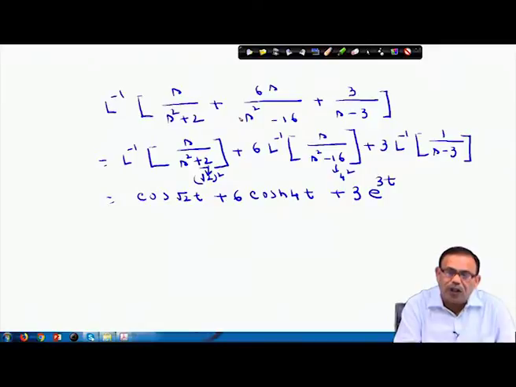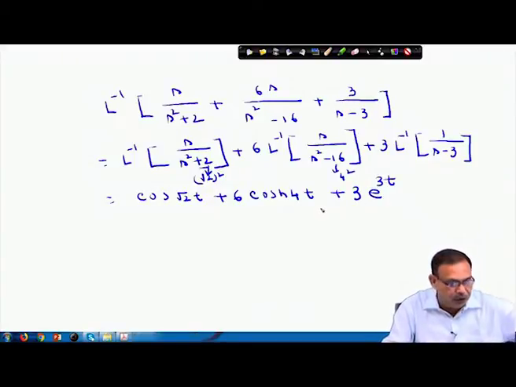Once I know the Laplace transform of a function, using the inverse Laplace transform, I can tell what the corresponding function is, and using the linearity property, effectively we are finding this particular value of the function.